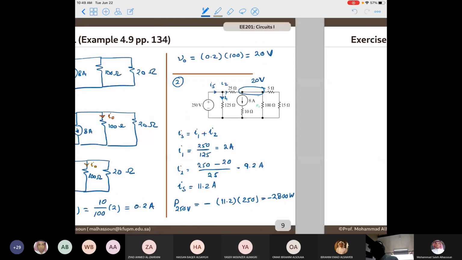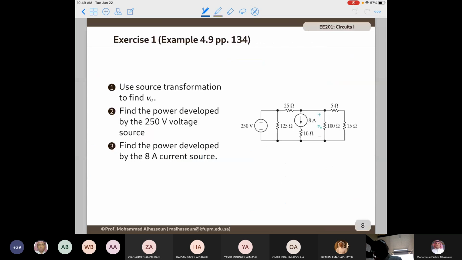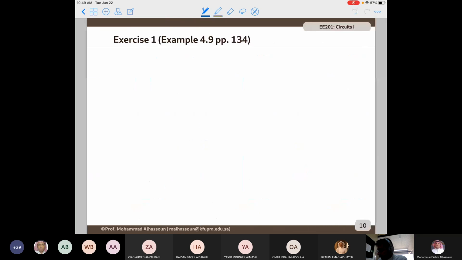Okay, the third part is asking us to find the power developed by the 8 ampere current source. So in this case, what I will do, I will take only this portion of the circuit. If I take this portion of the circuit and try to redraw it, it's going to be something like this.